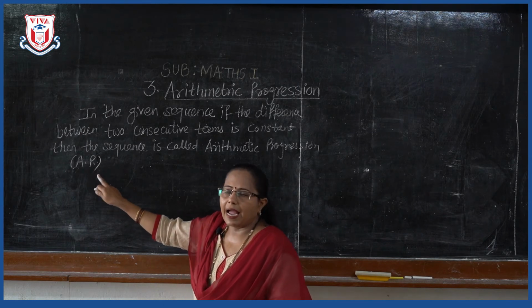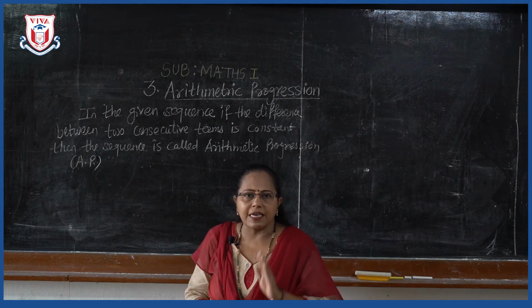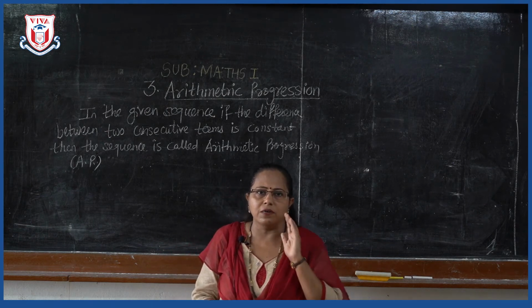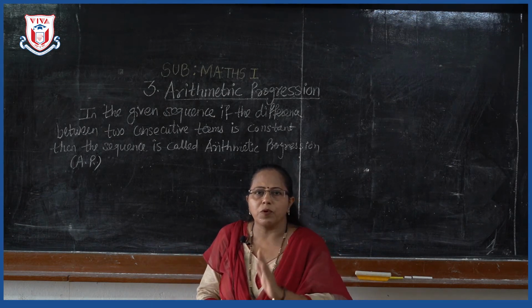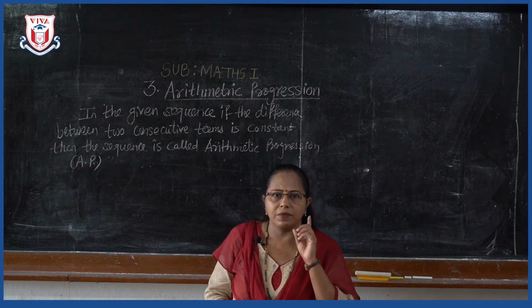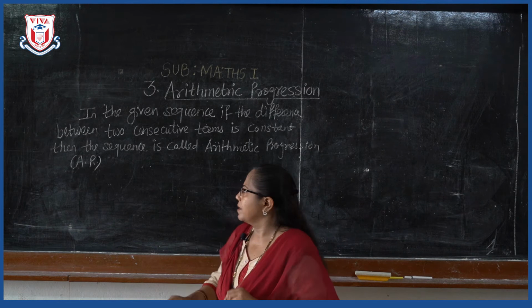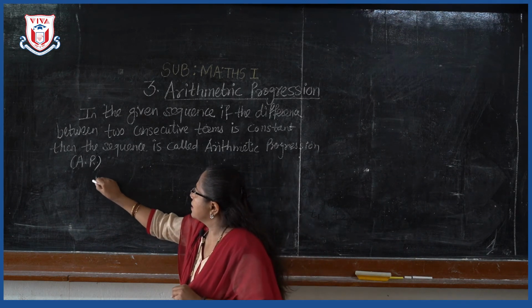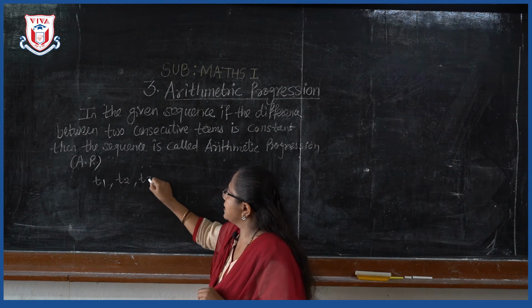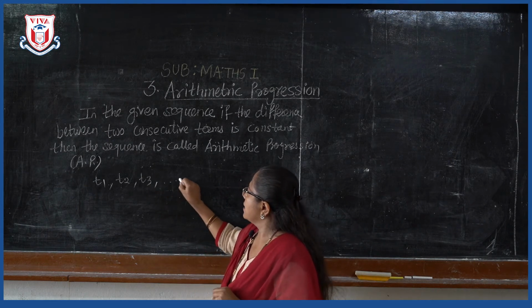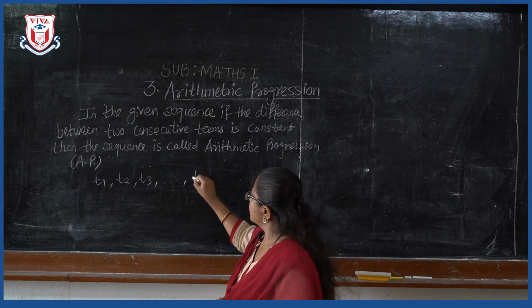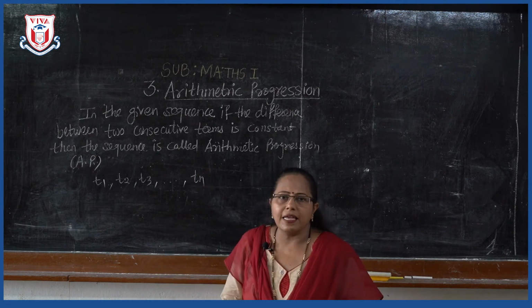As we know, in a sequence, each number is called a term according to its position: first term, second term, third term, denoted as T1, T2, T3. And if the AP is infinite, its nth term is written as Tn.